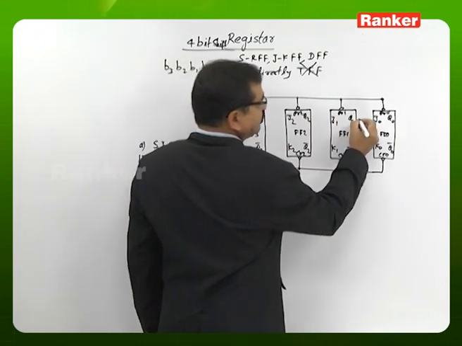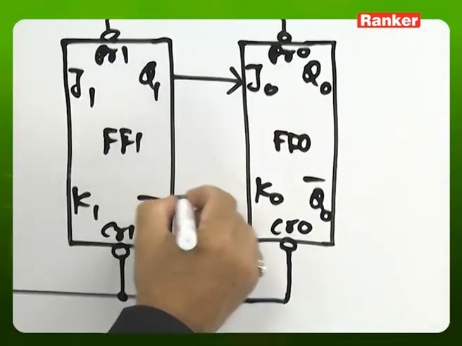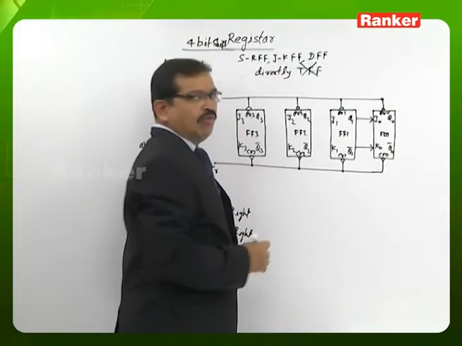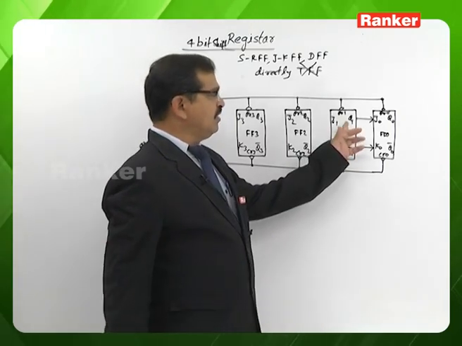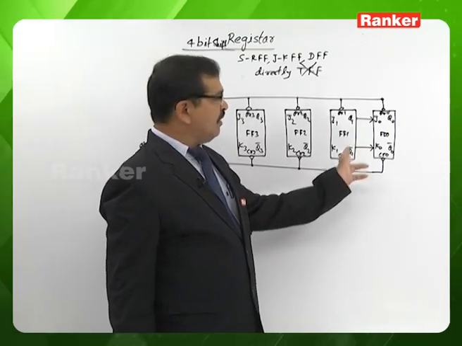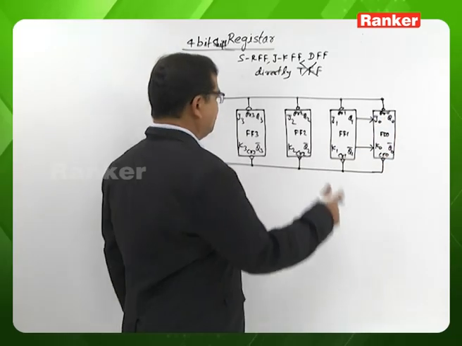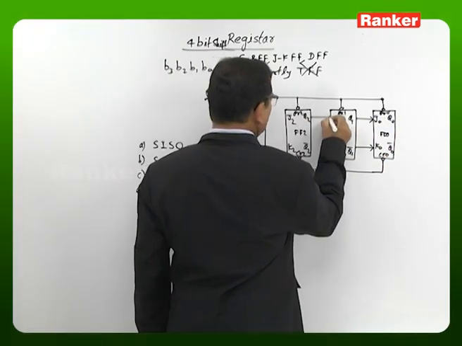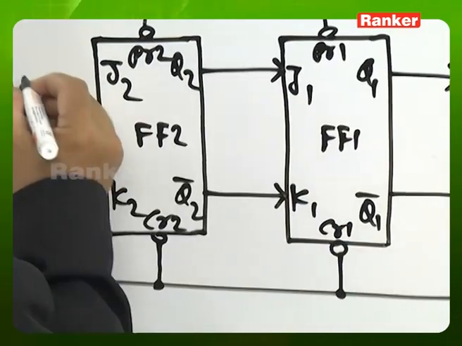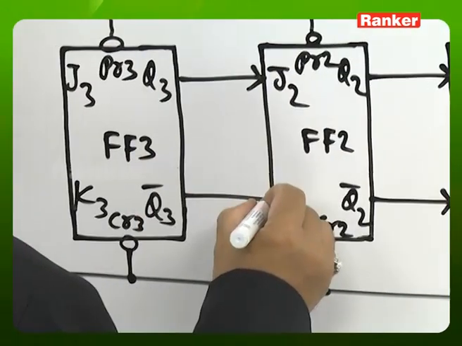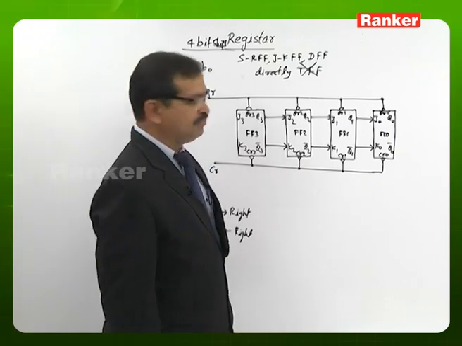The flip-flop 0 inputs are coming from the flip-flop 1 outputs. So flip-flop 1 outputs Q1 and Q1 bar are the inputs of flip-flop 0, J0, K0 respectively. Similarly, the flip-flop 2 outputs are the flip-flop 1 inputs. Flip-flop 3 outputs are the flip-flop 2 inputs.